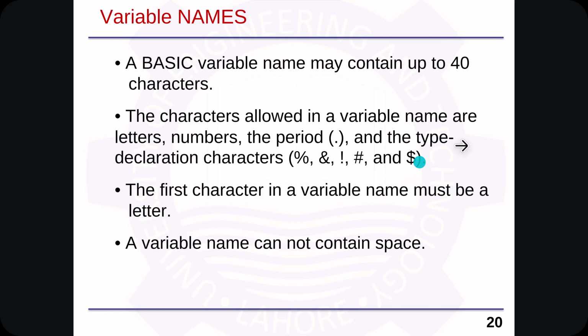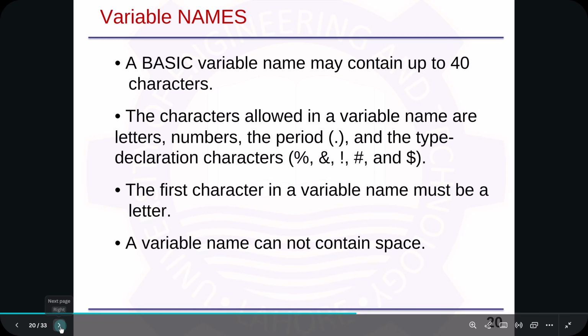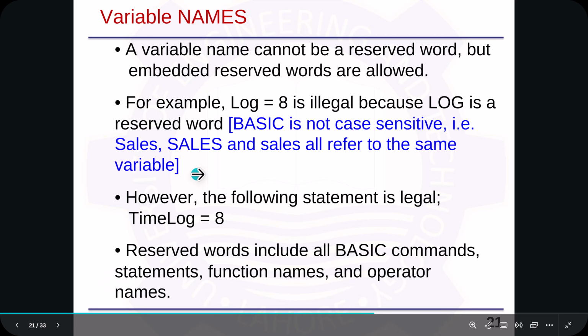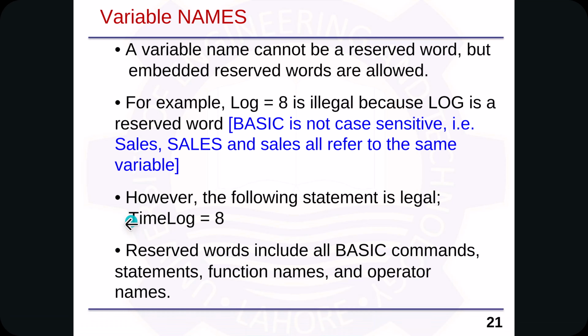So let's continue. An example of a variable is timeLog. Time and log are two different words, but since we are saying that a variable should not contain space, that is the idea. Someone will say there should have been a space, but that is not the case, because even though the variable is a two-part word, since we are putting it out there as the name of a variable, it must be together.